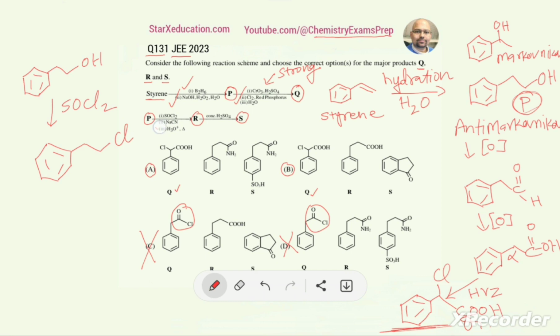Then next is the reaction of this product with sodium cyanide, and this reaction is an SN2 reaction where our nucleophile is CN group. CN is a very strong nucleophile. So the product of this substitution reaction would be this nitrile compound.